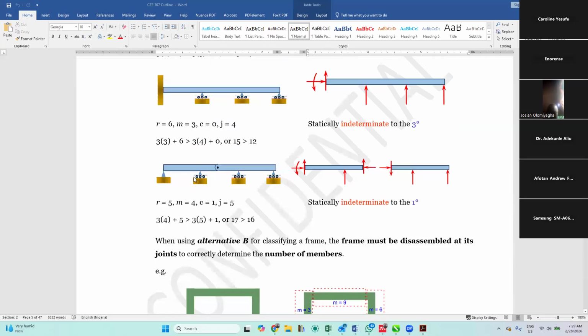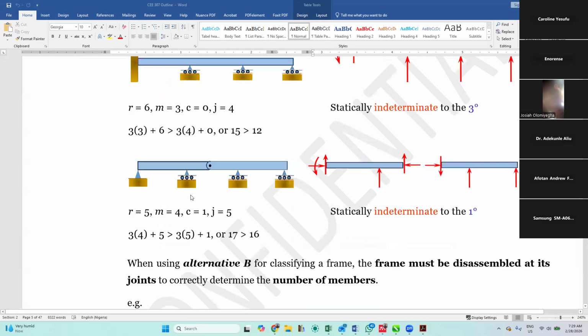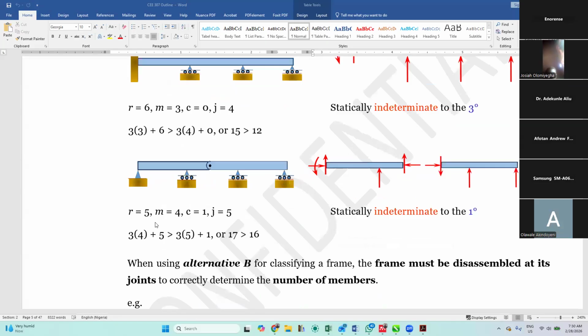Yes, we have an interesting one here. Look at this one now. You can see here we have a pin support, roller support, and roller support. So we have 2 plus 1 plus 1 plus 1. That's R is 5 altogether. However, if you look at this very well, we always say the number of members is the one in each support.